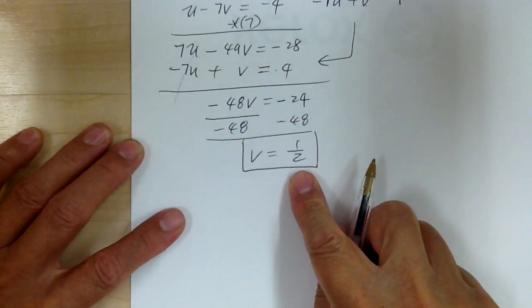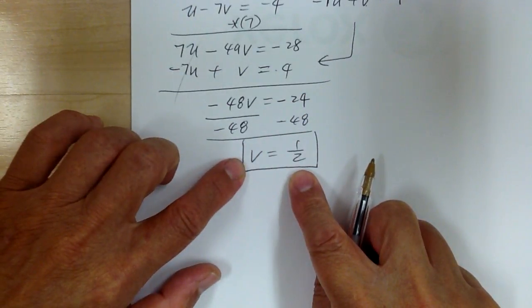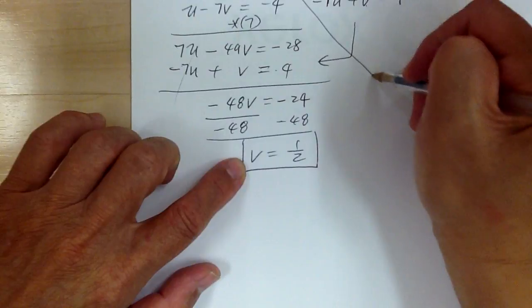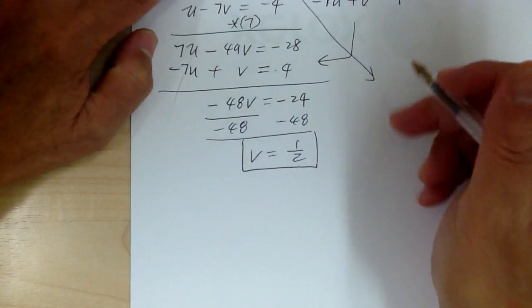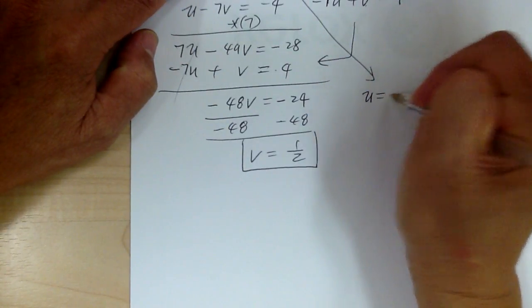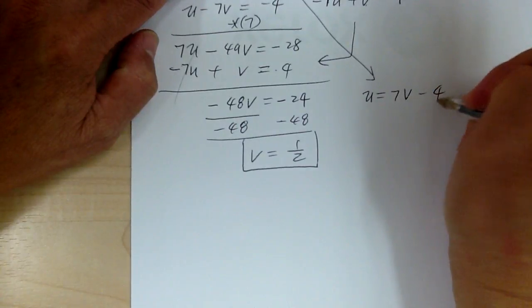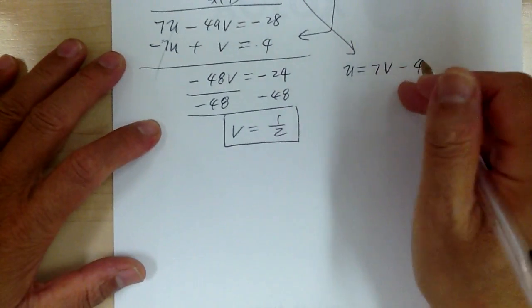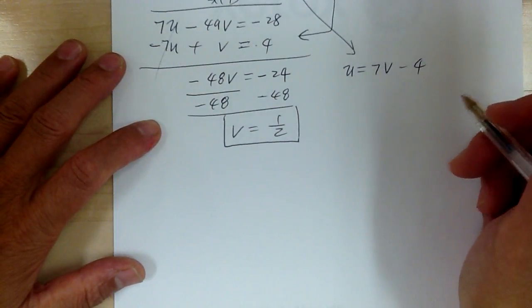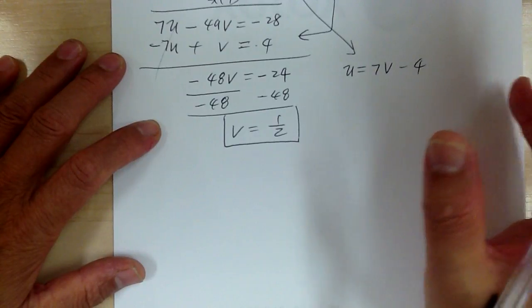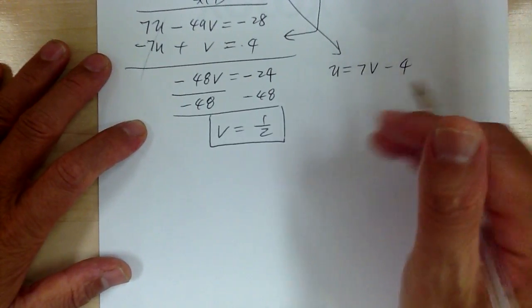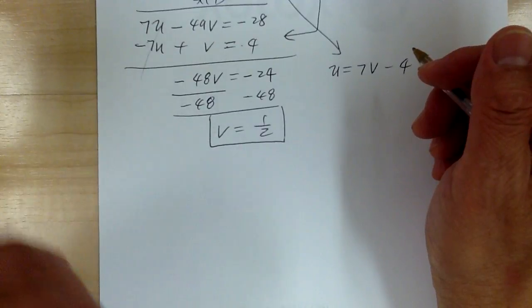Okay, once I found v equal to 1/2, I need to look for the u, and the easiest equation would be this one here. I'm using this one, u equal to 7v minus 4. That's the equation I'm using. I cannot just write the answer so it's not as confusing. Remember, the key is communication. Make sure you know how to communicate. You need to write down what you're thinking.